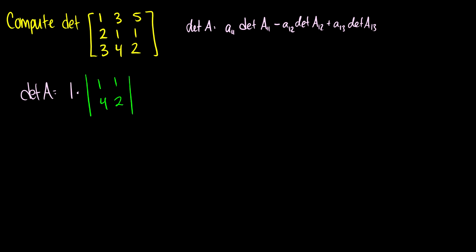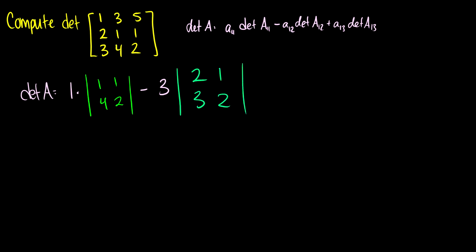Then we subtract A12, which is 3, times the determinant of capital A12. That's taking out the first row and the second column, so we're left with 2, 1, 3, 2.